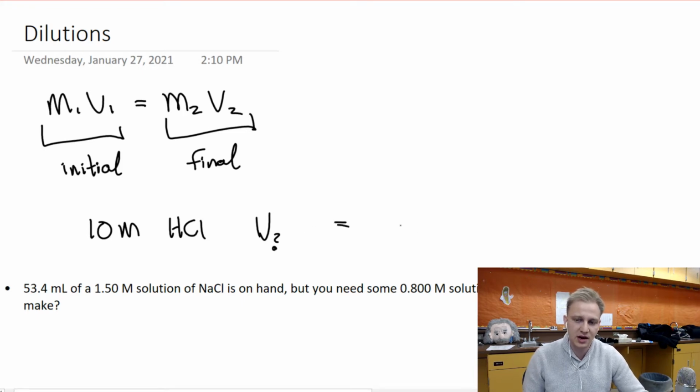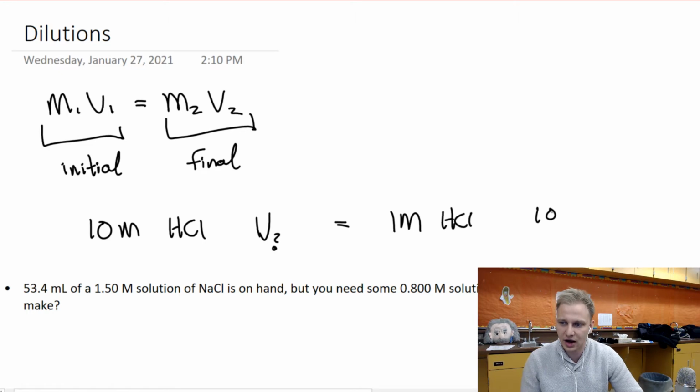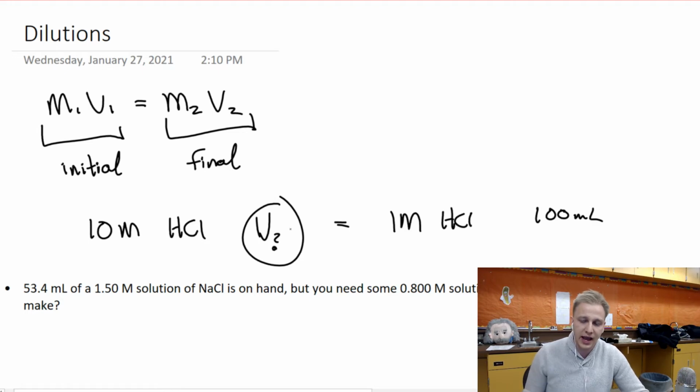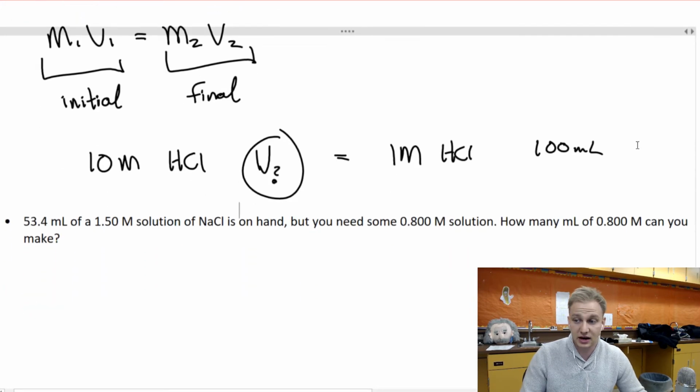But we might know that we want a 1 molarity hydrochloric acid solution, since that's a lot safer to handle, and let's say we want 100 milliliters of it. Well, we can solve for this V initial and figure out how much of this we need to make a 1 molarity hydrochloric acid solution, or how much water we need to add to get a 1 molarity hydrochloric acid at 100 mL solution.